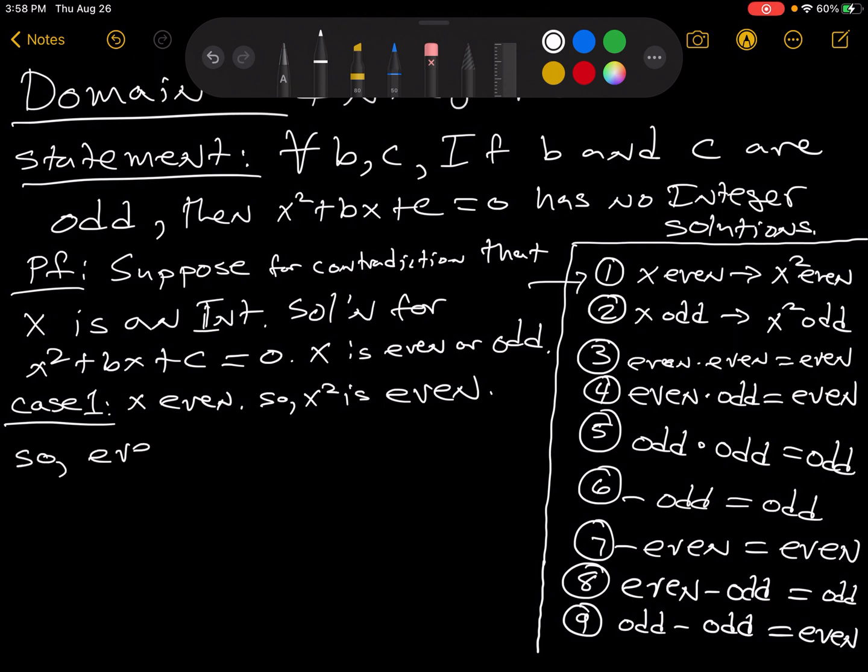So an even integer equals x squared, which equals negative bx minus c. What I've done is I've moved this bx plus c to the other side of the equation, subtracting bx, subtracting c.